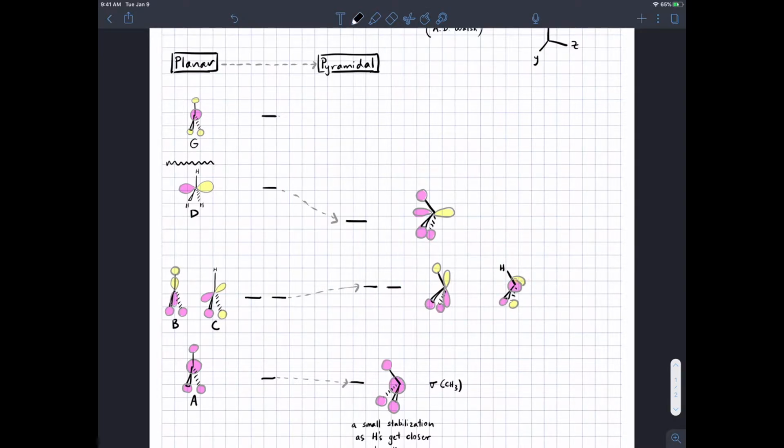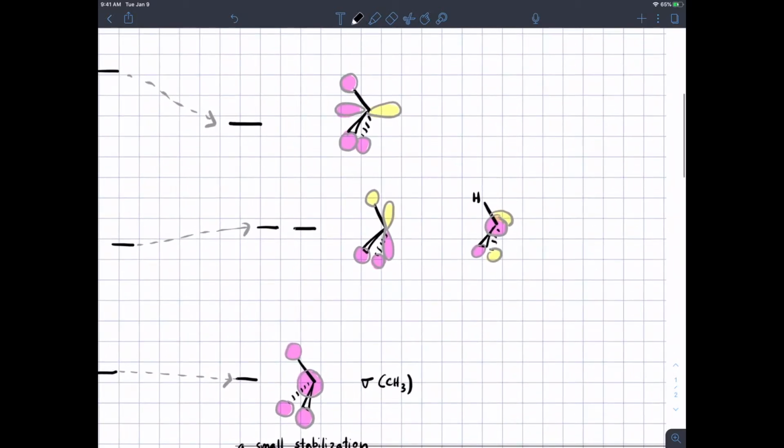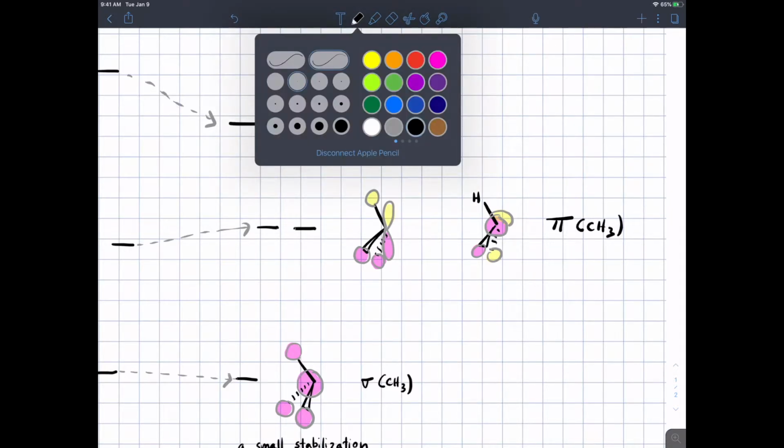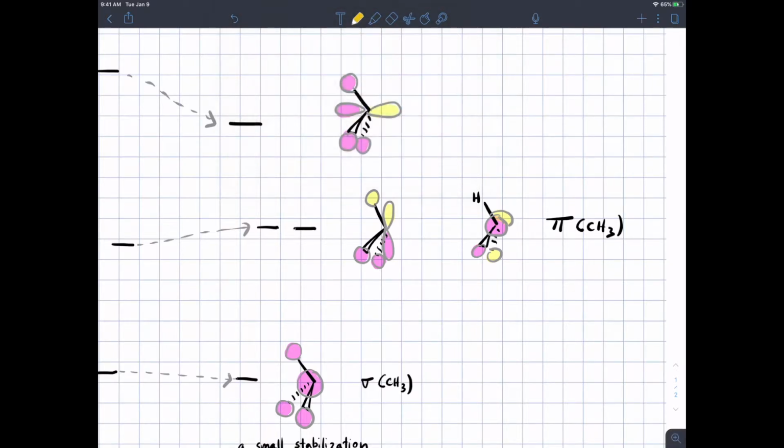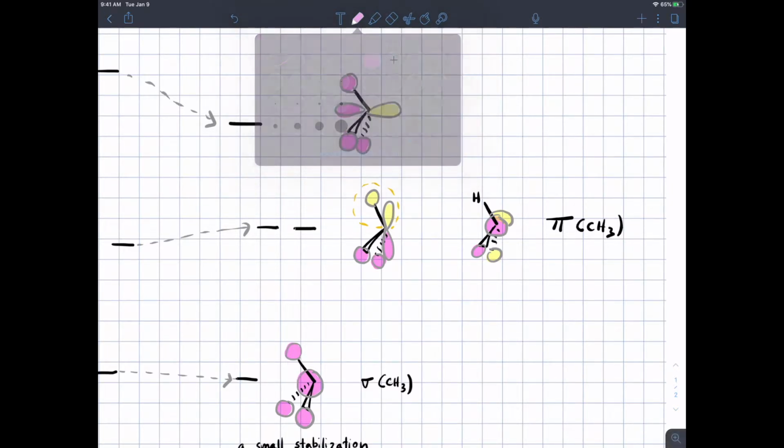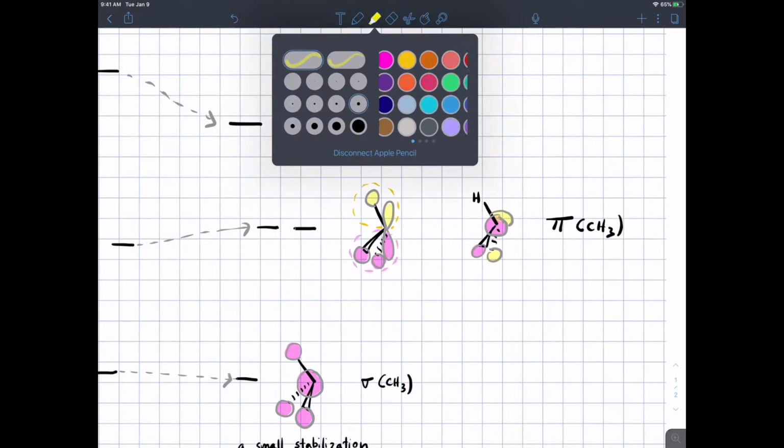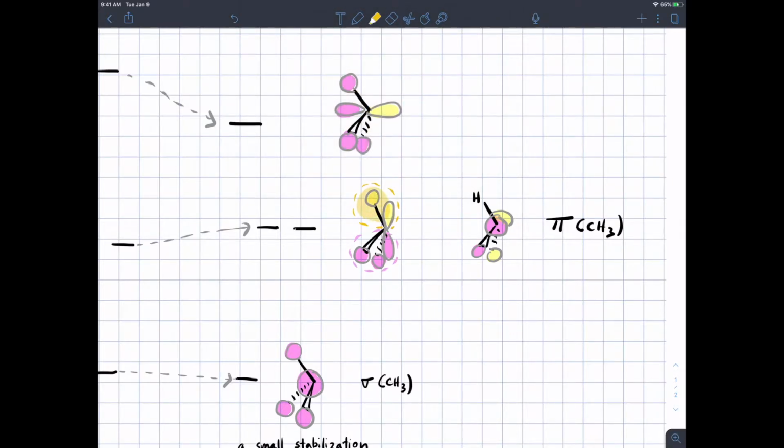I forgot to tell you that these 2 orbitals that are degenerate with each other, we're going to call them pi CH3 type orbitals. And the reason for that is that if you take a step back and view what they might look like from an actual calculation, you can see that they resemble more than just a little bit a p orbital.